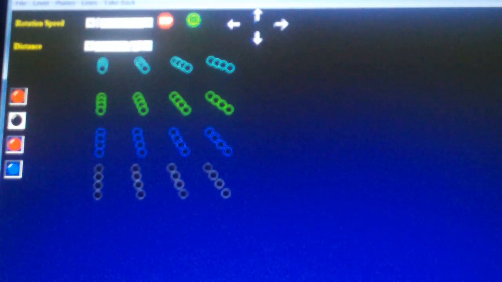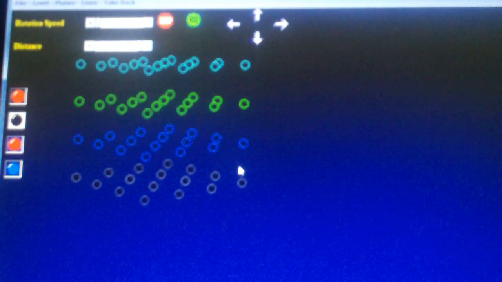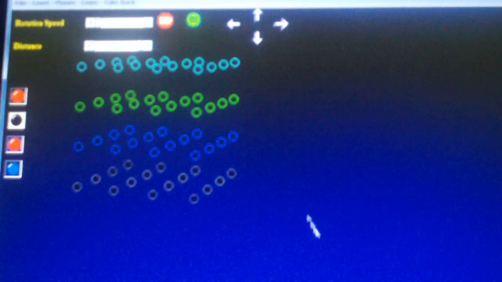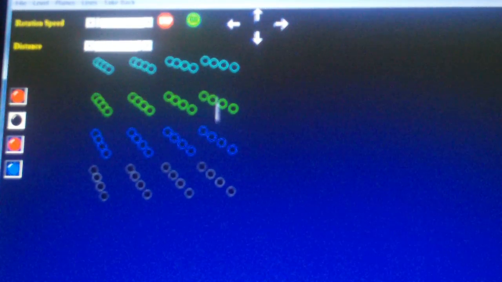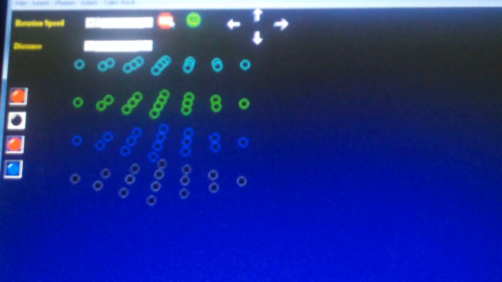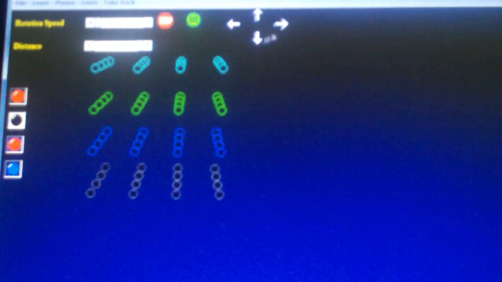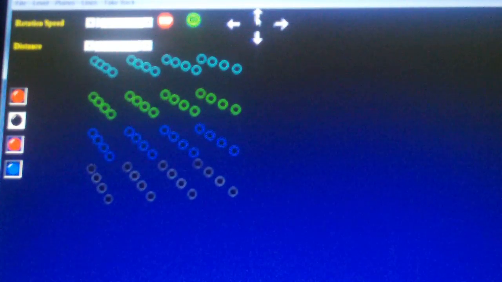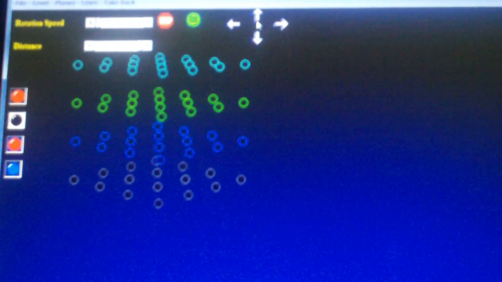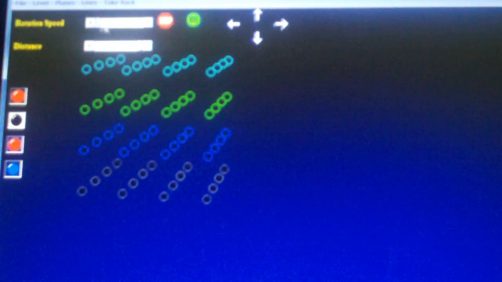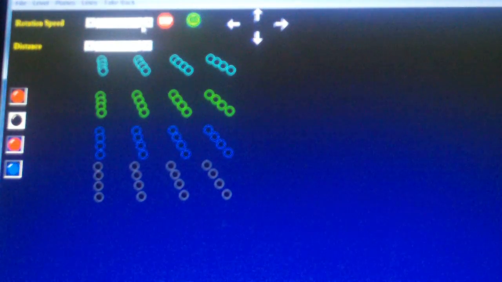you start filling them up, and the computer plays against you, and there's those points. Now you can stop them, make them go, speed them up, and you can turn them. You can change your position, sort of. And the rotation speed is very slow right now, but it could be much faster.